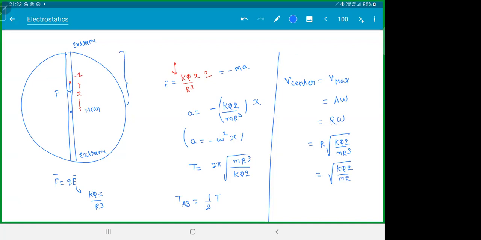This distance will be the amplitude, obviously. You're starting from rest, so that is the extreme position. Amplitude is R. Please check. You can solve the entire question with SHM. Or you could have taken this as state 1 and state 2, and conserved energy from state 1 to state 2. That would give you the velocity. Check the steps. SHM, solid sphere.